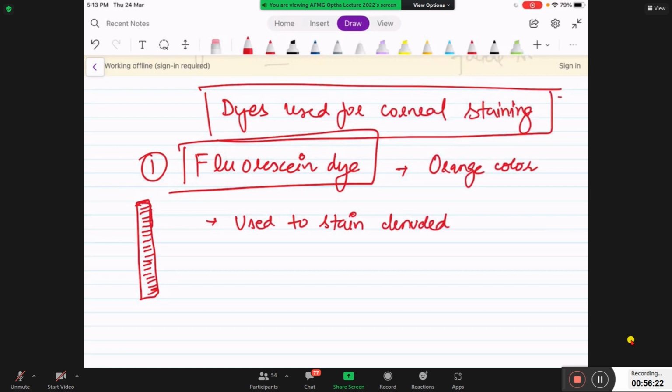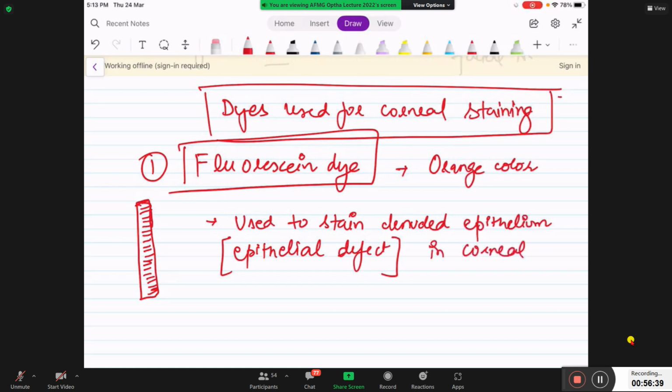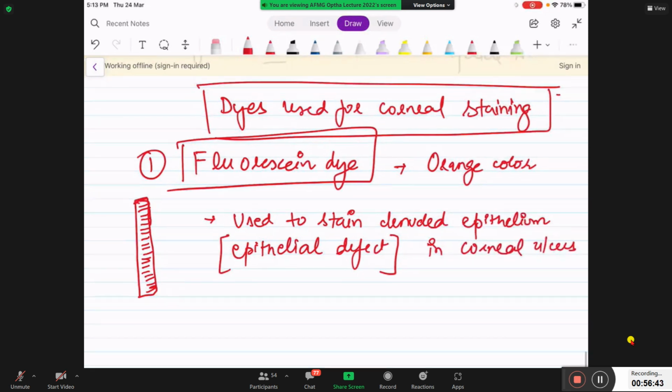Fluorescein dye is used to stain the denuded epithelium, also called epithelial defect, in corneal ulcers.